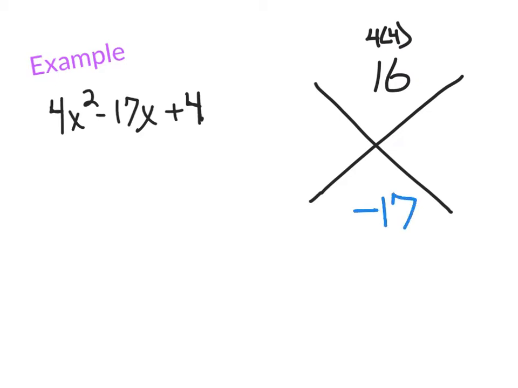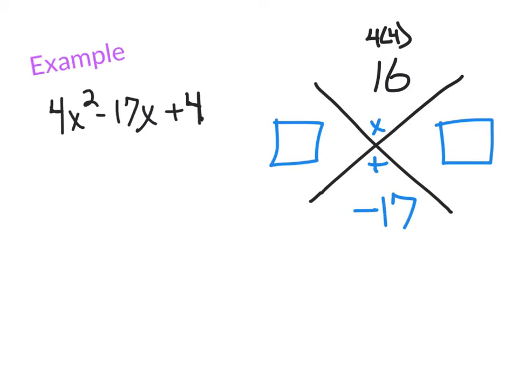So what two numbers can we multiply to get 16 and whose sum is negative 17?